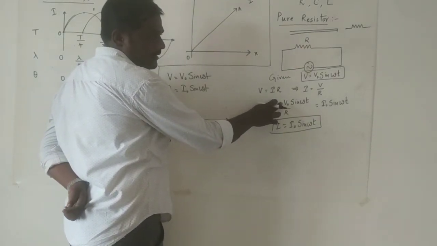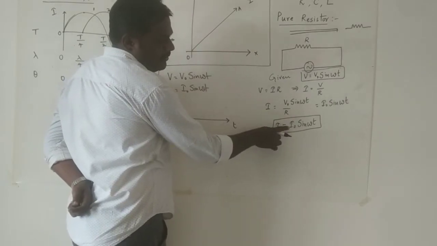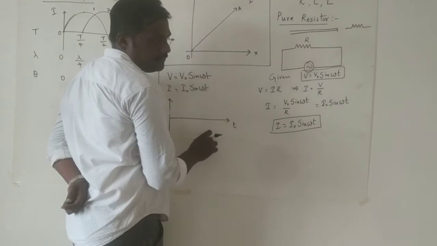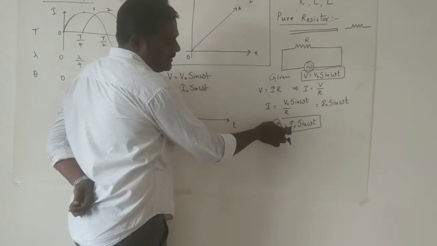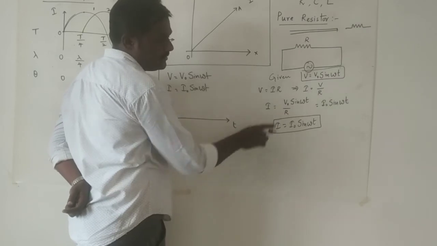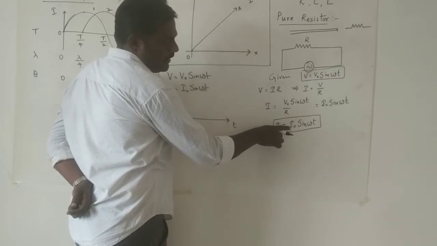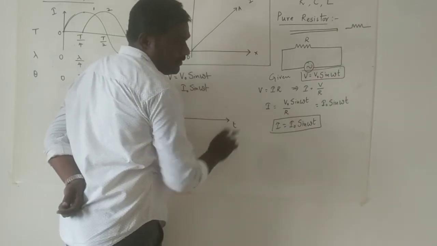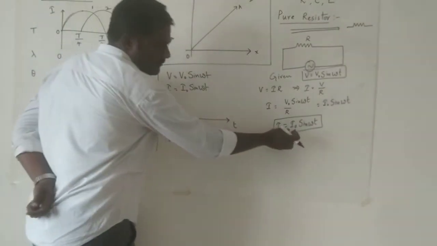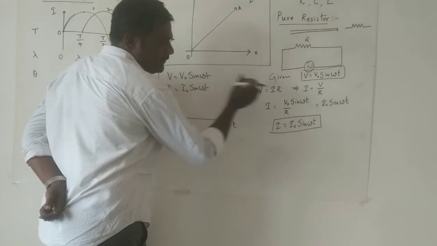I naught you got after dividing V naught by R. You know, with any division, the resulting answer will be less than the previous. In the sense, V naught is greater than I naught, so the peak of I naught must be less than the peak of V naught.